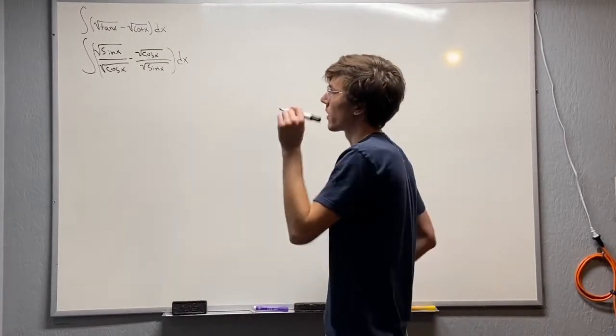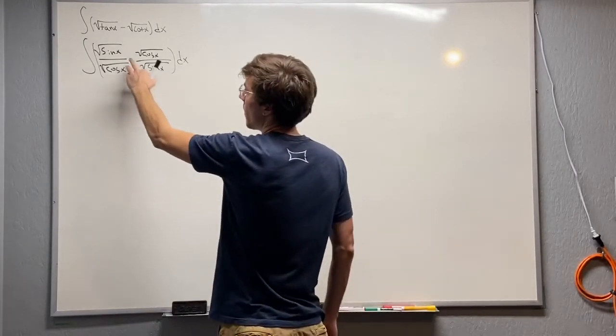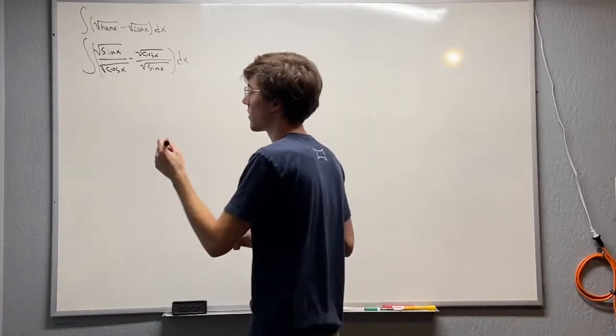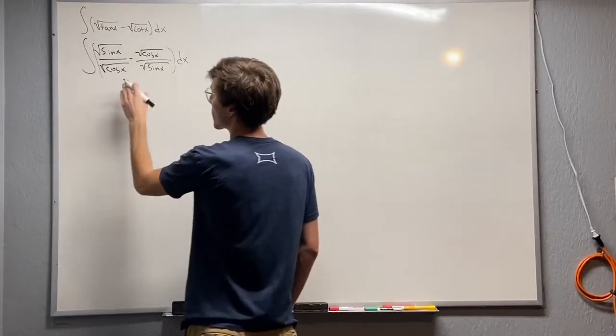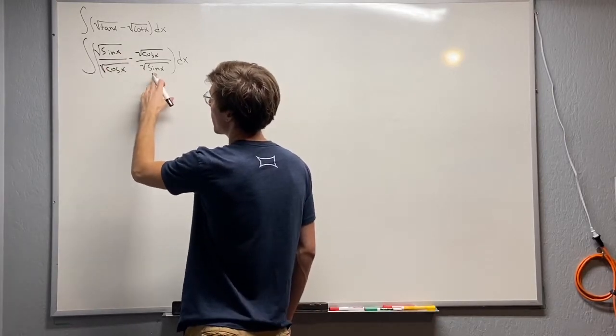The next part, what we're going to do here is, if we get a common denominator, it's going to look pretty nice in the numerator for our next step. So let's go about getting a common denominator. For this one, we need to multiply by the denominator over here.